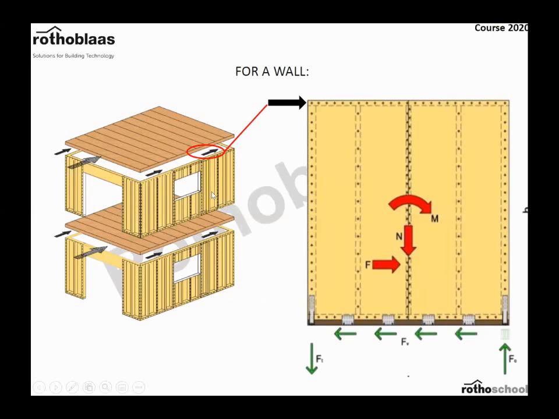If we have a look at this diagram here, we've got a horizontal force, wind, which is acting on this panel. This is a panel in section here. Where it reaches the panel, it's going to create a compressive force in this bottom right-hand corner. So the reaction force is a pushing force, and that's realized with a long, narrow plate.